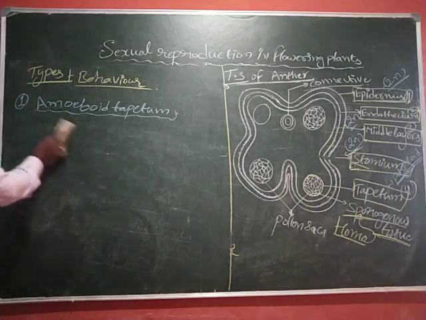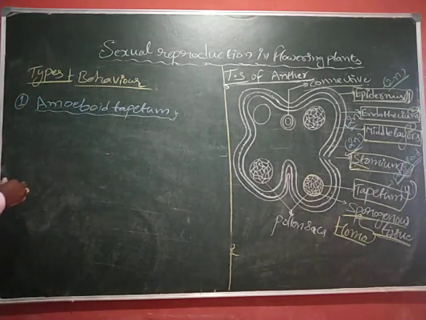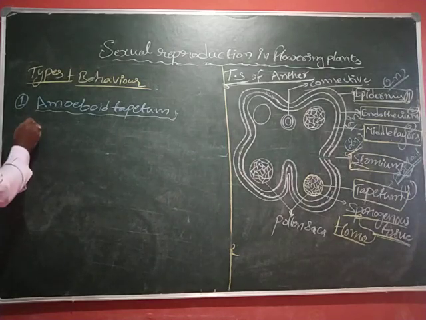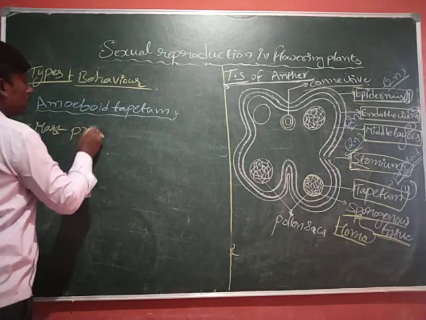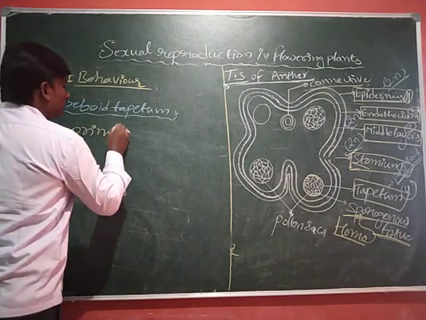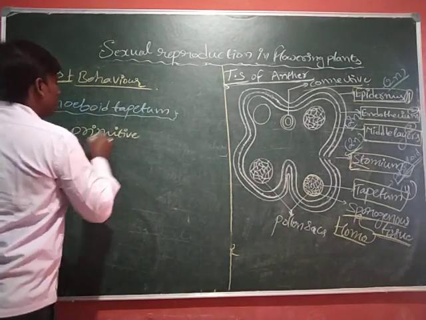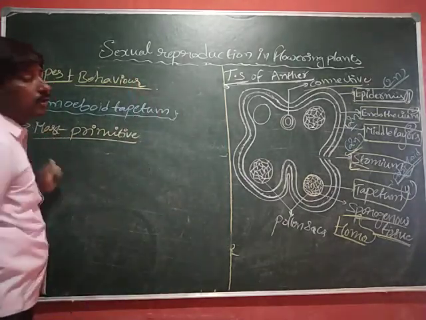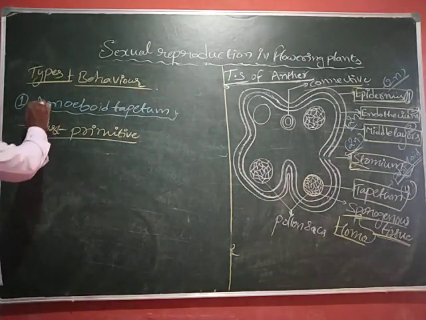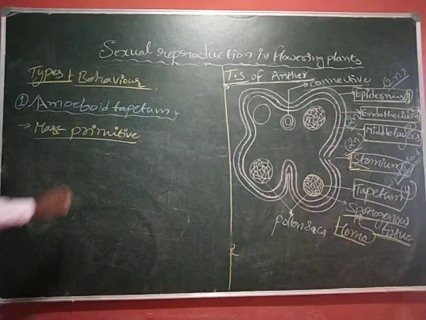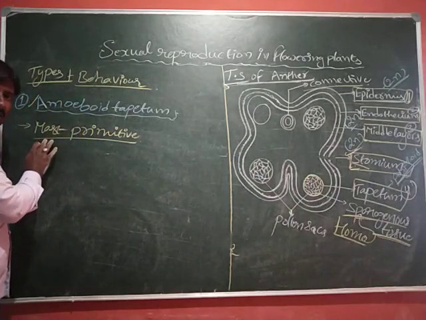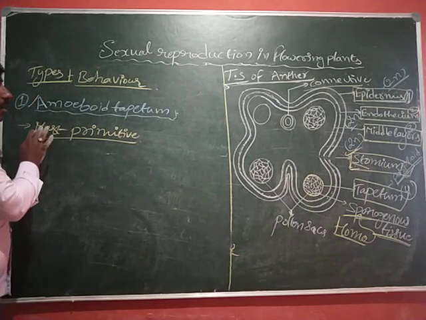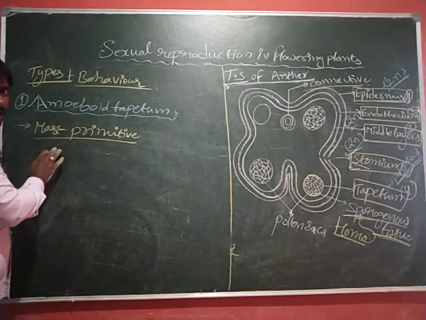The amoeboid tapetum is the most primitive type of tapetum. It also takes part in providing nourishment, or nutrients, for developing pollen grains.